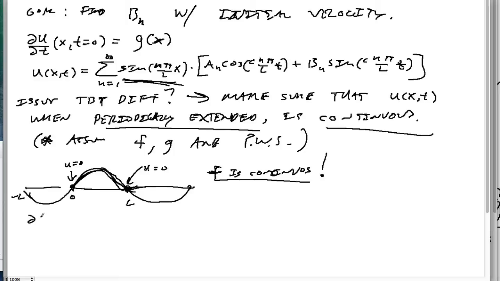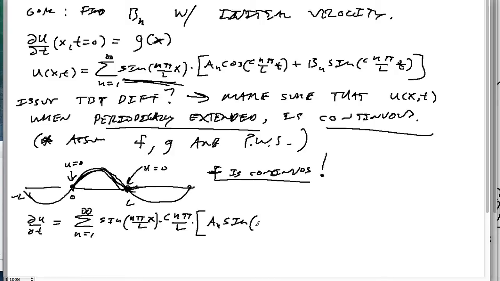So we'll take that derivative and we'll pass it through the infinite summation, and it's going to go right by the spatial sine function, and it's going to now go c times n times pi over L times an, and that'll be a sine of c n pi over L t, and then a plus bn cosine.